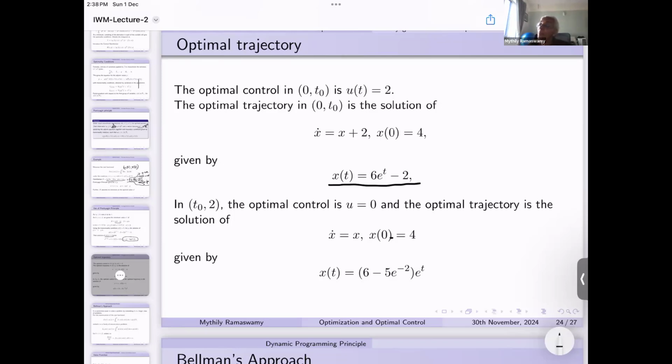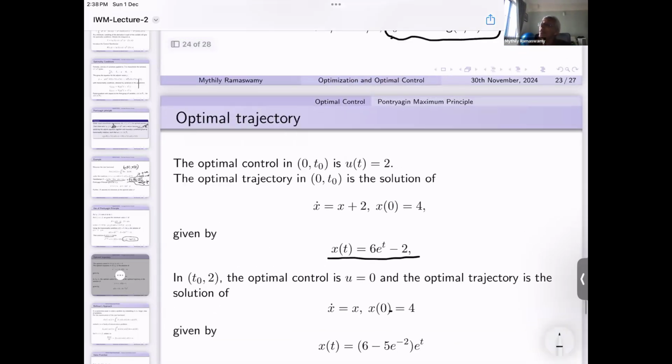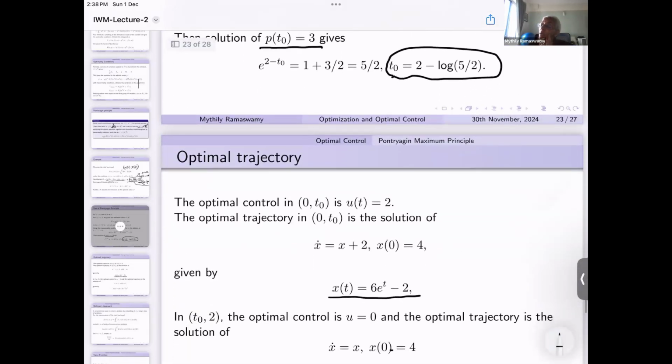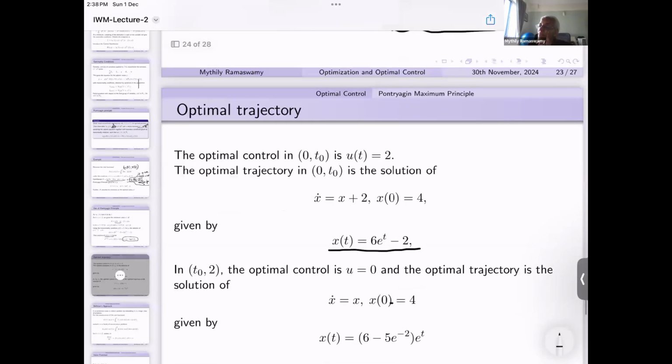In big problems, we may not be able to calculate the minimum of h so simply. Here it was too trivial, but we can compute numerically and use the value of u, going back and forth to solve for p and u. So it is more amenable to computer calculations.